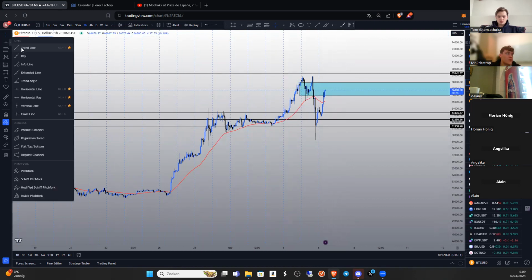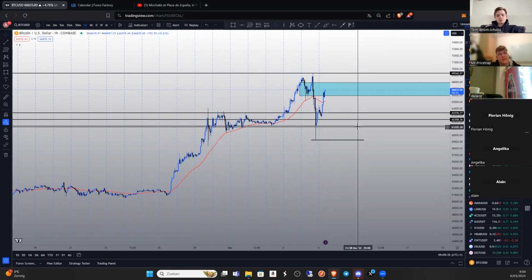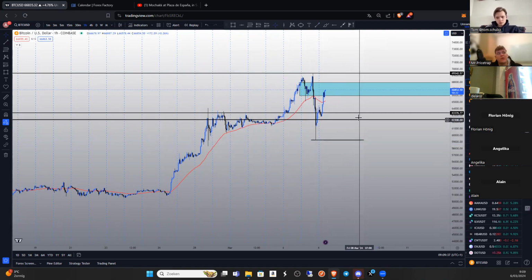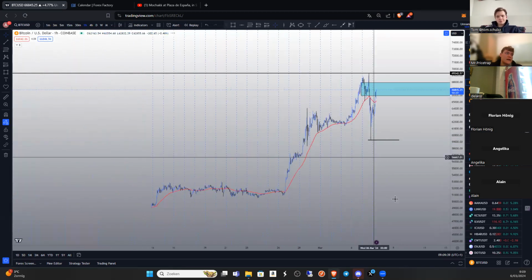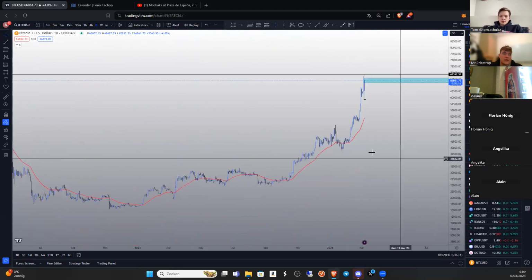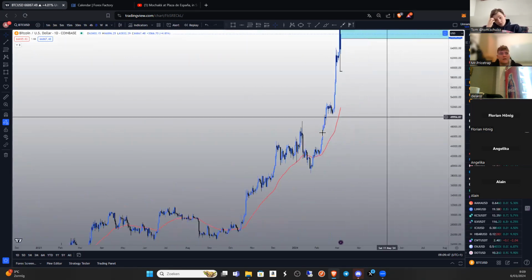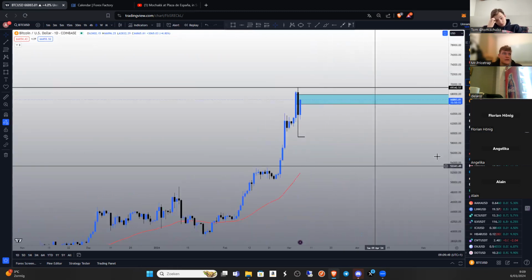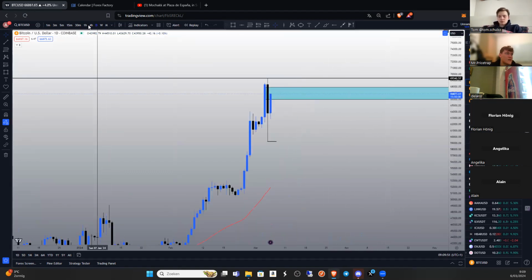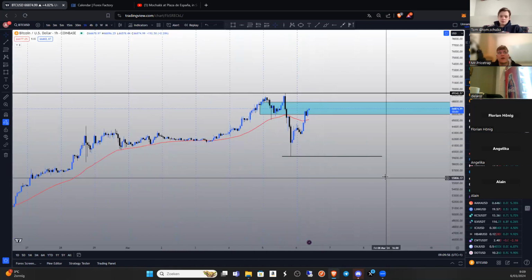Once we break through this, it could be a sign that the market is finally ready to get some deeper retracements in. Because what moves this hard to the upside, like you can see, this massive move, is also going to fall down pretty hard. So that's what I'm looking for. Let's see if we can really respect this or break through this. This is the question we have for today.